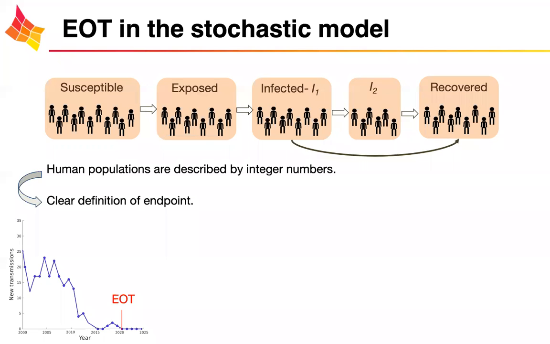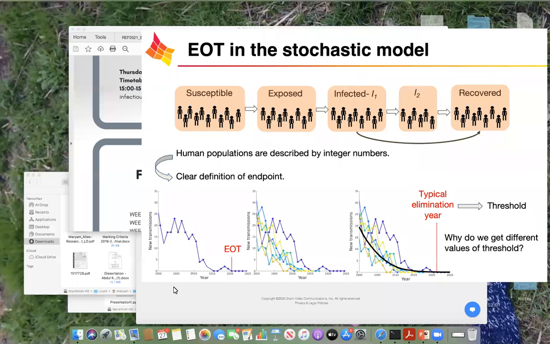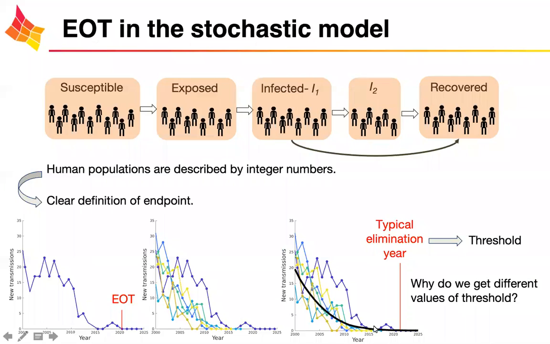For the HAT, actually we'll look at the time period to make sure that elimination of transmission happens, because it's a slow, vector-borne disease. This is, however, just one realization. We need to repeat it for different realizations, and we can get a mean curve here shown in black.